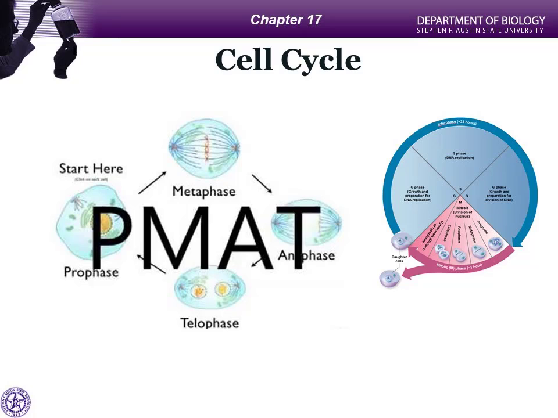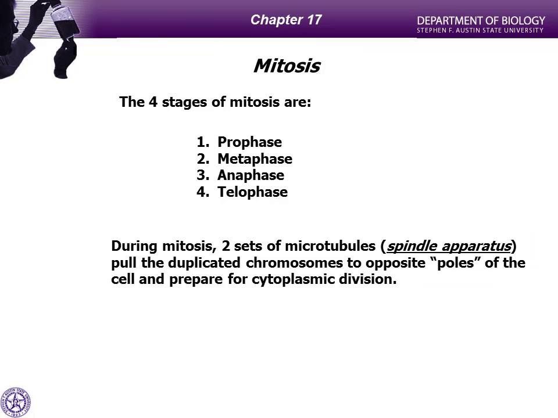Now, I mentioned as we finished chapter 3 in cytoskeleton that we were going to use some of those fibers in cell division and mitosis. And so for mitosis, what we're going to use first are going to be a set of microtubules. Among other things, these microtubules, as they assemble and disassemble, are almost like a telescoping pole.